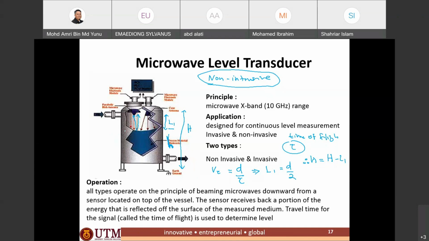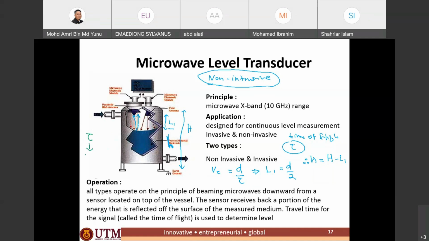Some of the signal bounces back and is measured by the sensor or detector, so basically it measures the echo. The time the signal travels from the transmitter to the receiver, the total time from the sensor to the surface and back to the receiver, is called the time of flight.